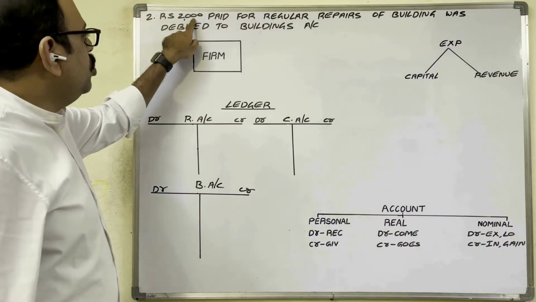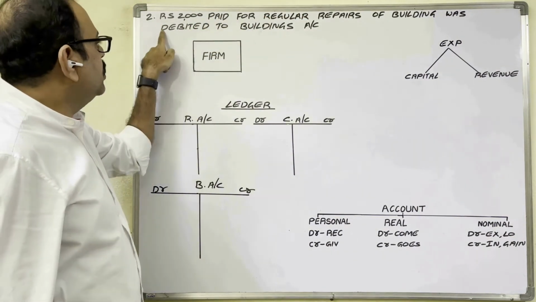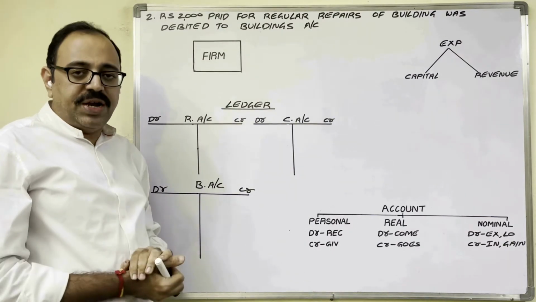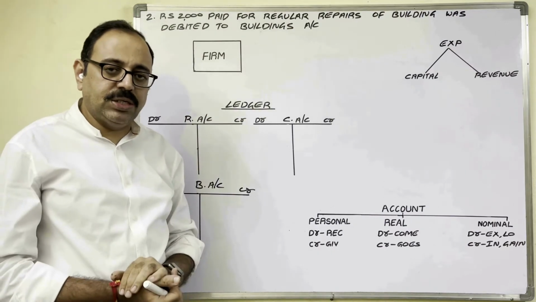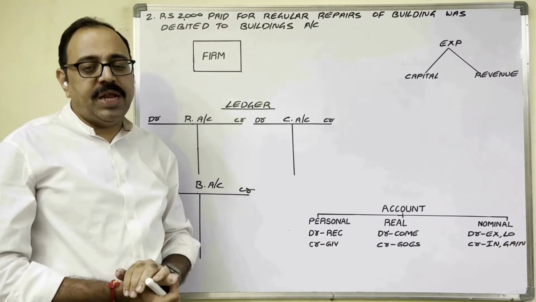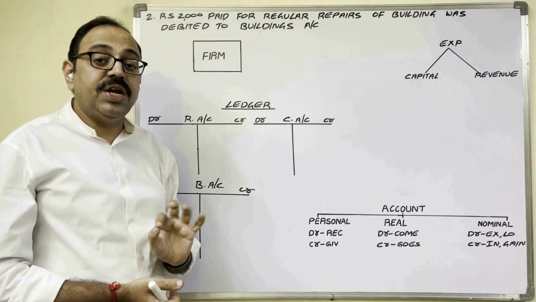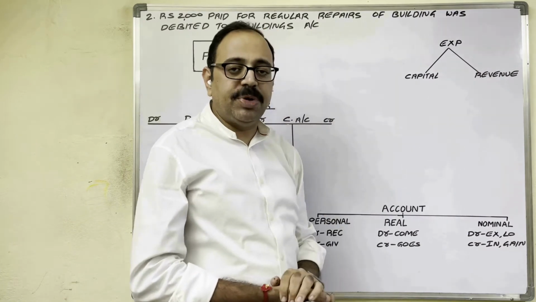Second one, 2000 rupees paid for regular repairs of building was debited to buildings account. To maintain the building in good condition, firms regularly have to spend some repair charges. So they paid that repair expenditure, 2000 rupees. Expenditure is divided into two types, capital expenditure and revenue expenditure.